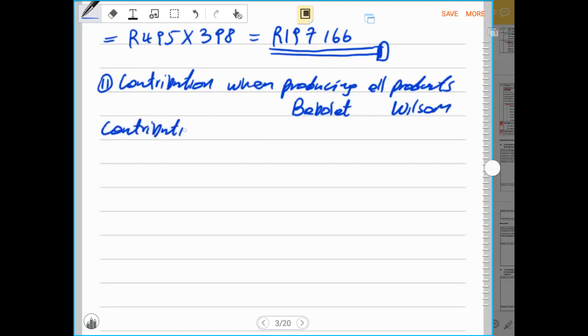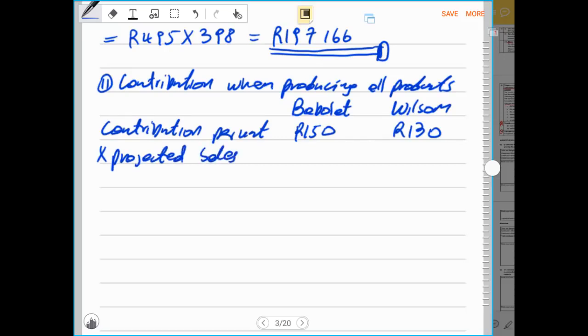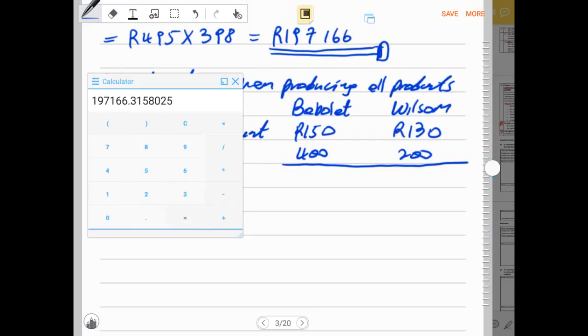Remember, this was already calculated. I don't have to recalculate it. Our contribution per unit was 150 and here it was 130. So we have to multiply this by the projected sales, or estimated sales, which was 400 and here it was 200. We want to know how much the marginal profit was supposed to be if they are selling both products.